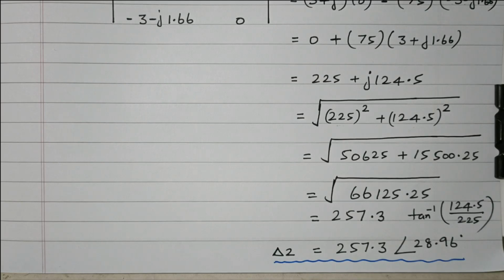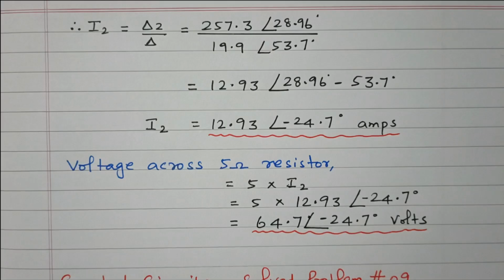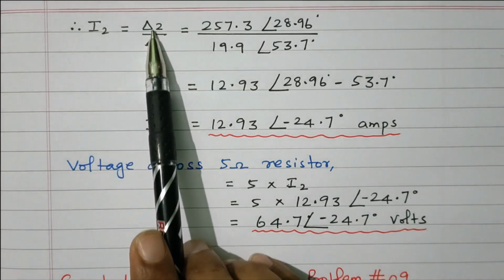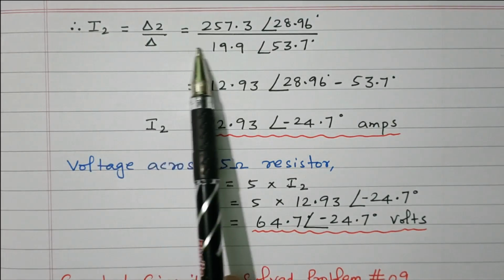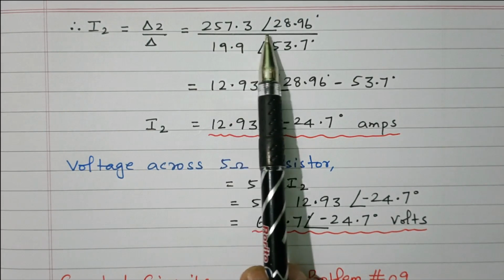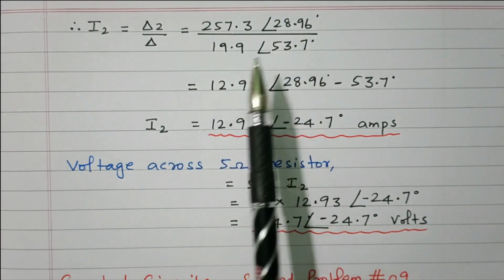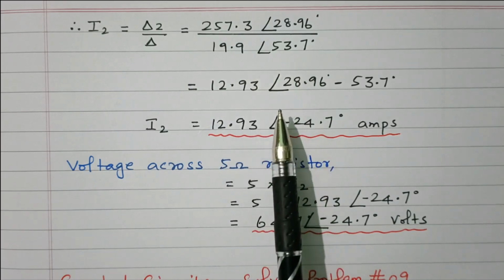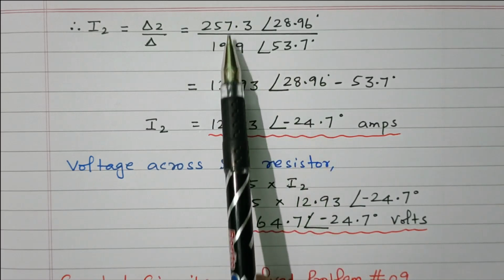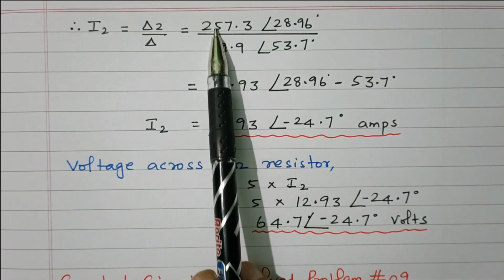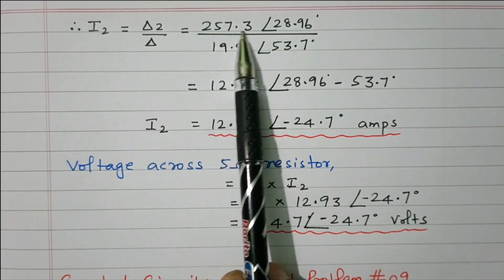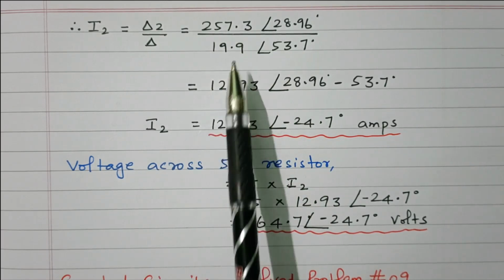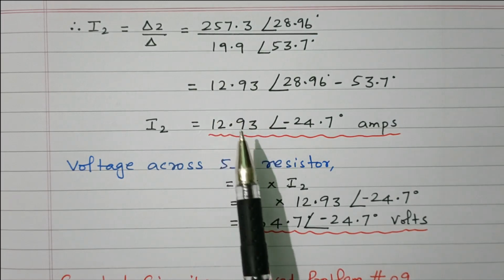Now we'll see how to find the I2 value. So I2 equals delta 2 divided by delta. Delta 2 is 257.3 angle 28.96. Delta value is 19.9 angle 53.7. So how to simplify? We have to divide these two magnitudes. So normal division: 257.3 divided by 19.9, that is 12.93.